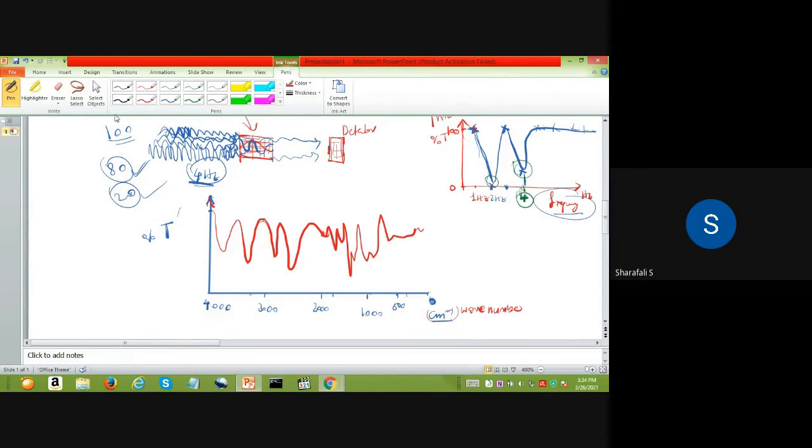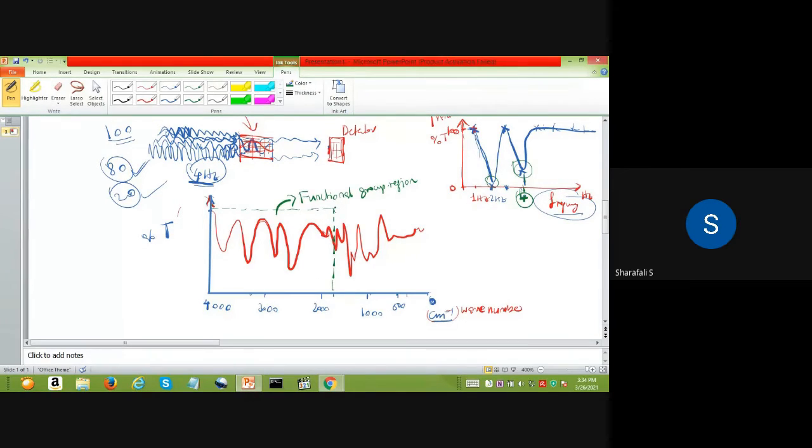In this particular case, up to around 1800, up to this value, we call this the functional group region.